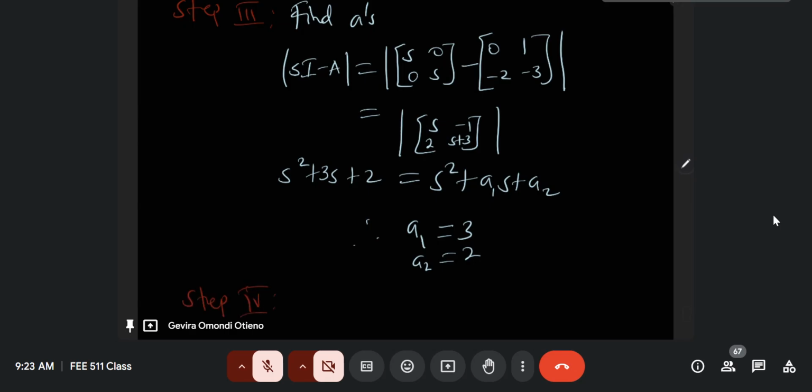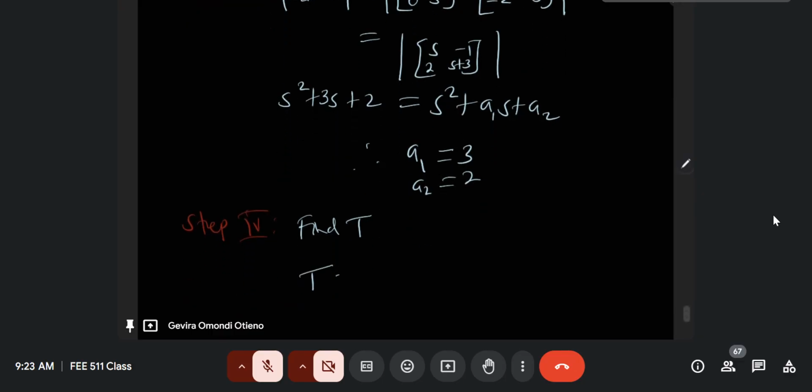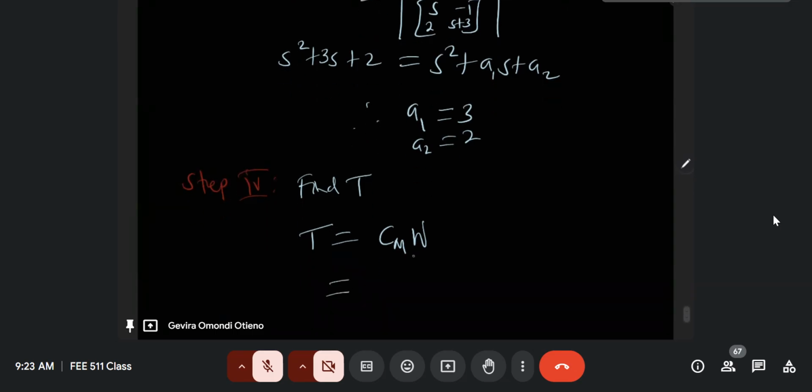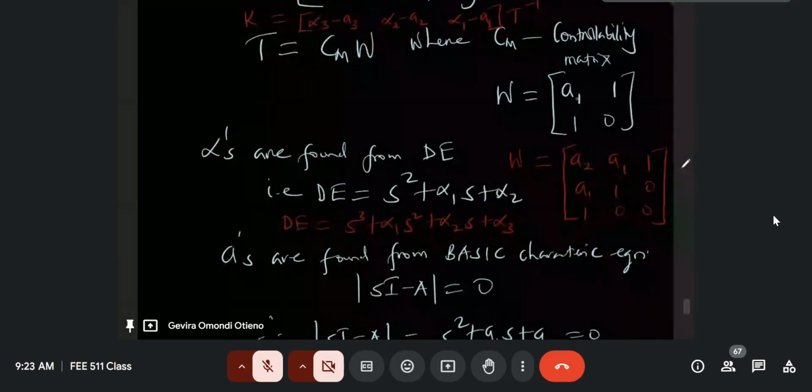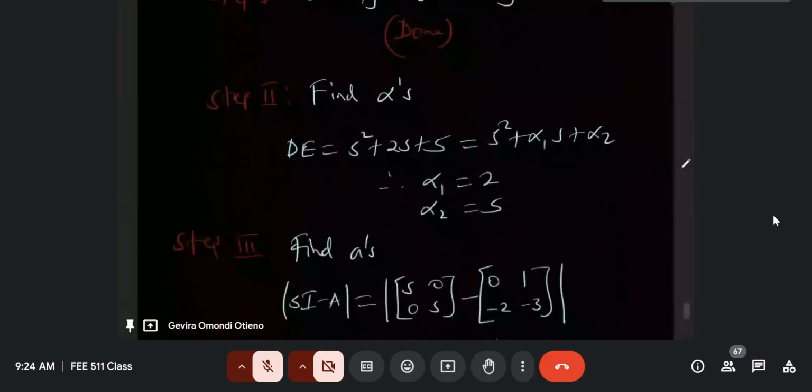Step number 4, almost there, we find T. Please remember we had said T is given by the controllability matrix multiplied by W. So T is the controllability matrix, I remember this we did, 0, 1, 1, minus 3. We already found that. W is indicated here. W for a 2 by 2 should be A1, 1, 1, 0. What is A1?